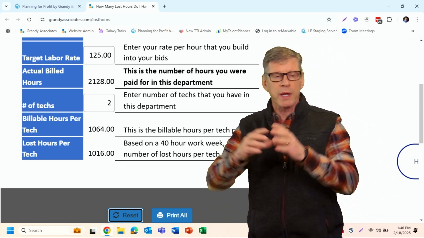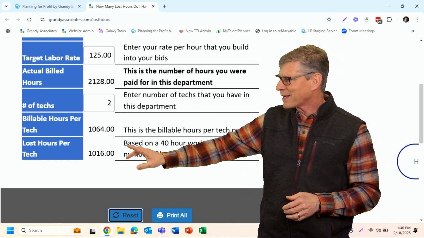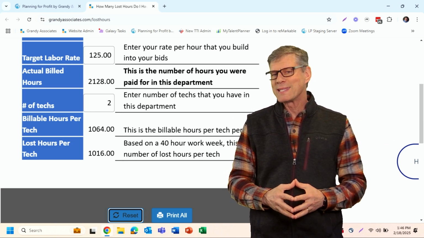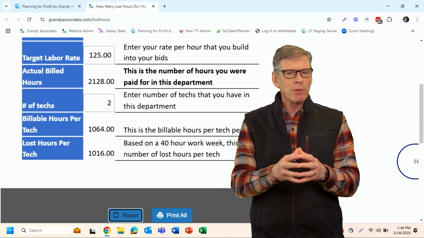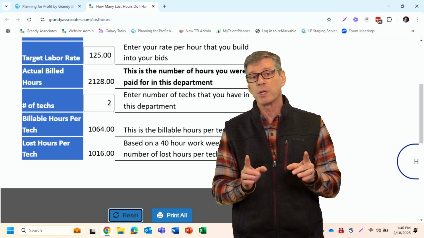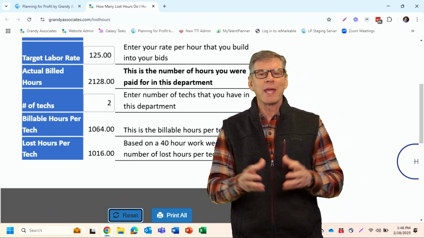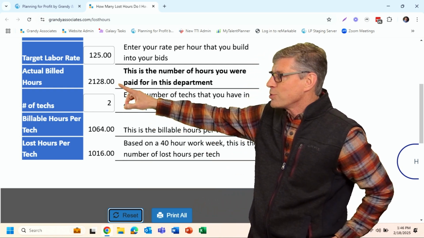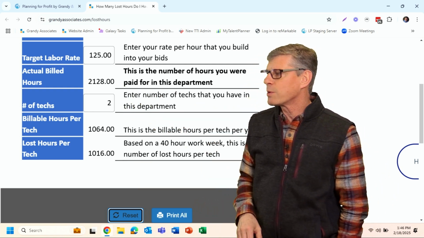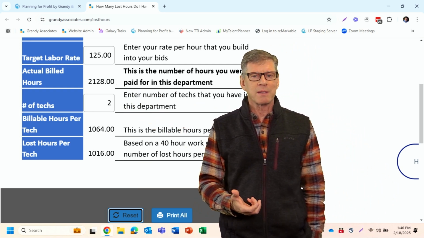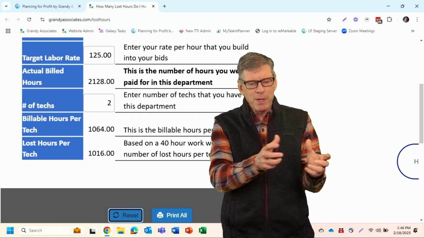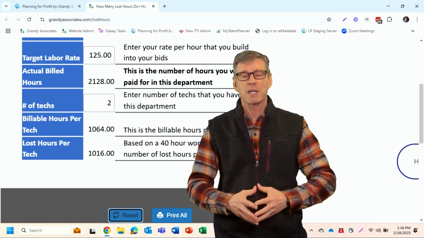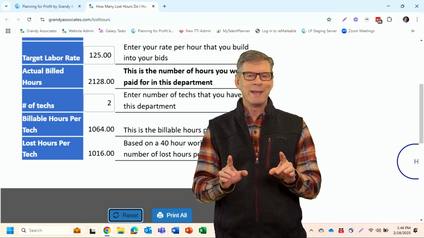If they're working something more or less than that, you're going to have to go back and adjust that number. But it tells you how many lost hours you had per technician. Let's say you're looking at this over the course of a month, 4 weeks. If I had 2,128 hours, divide that by my number of technicians, and it tells me how many billed hours per tech. Anything above that you paid the technician for was all non-billable time.